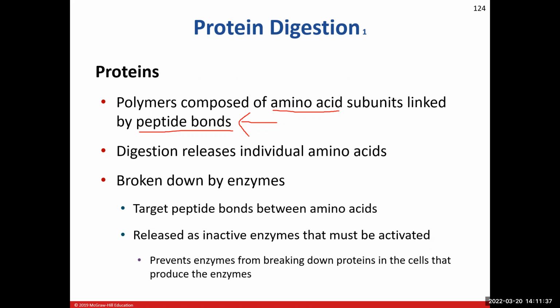Because if they made them and they were activated immediately inside the cell, well, heck, those digestive enzymes would digest the proteins inside the cell. And so we wouldn't get anything done. So we are going to release these protein enzymes in the inactive state. And once they're secreted outside the cell, then we have to activate them.